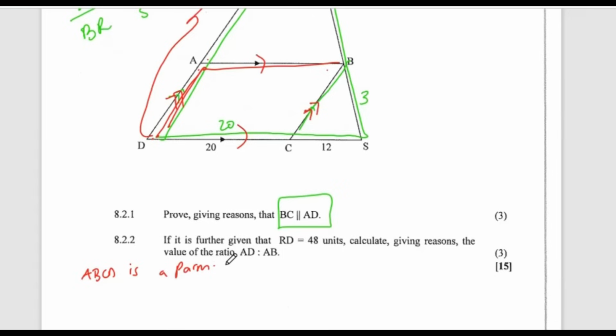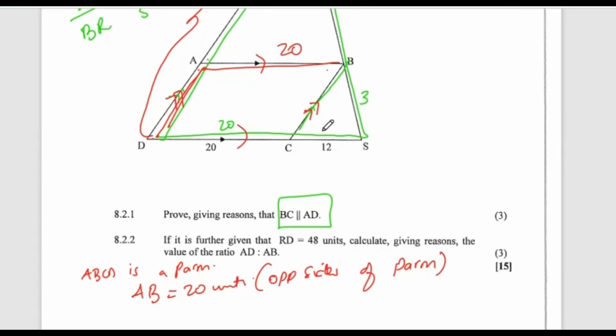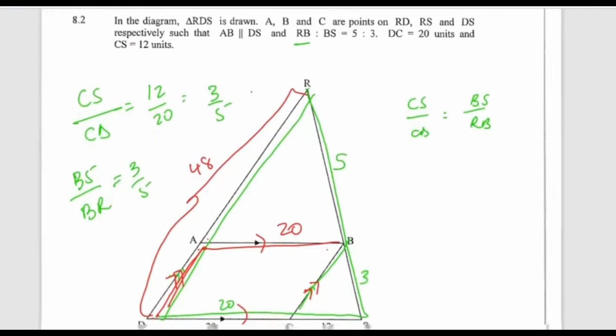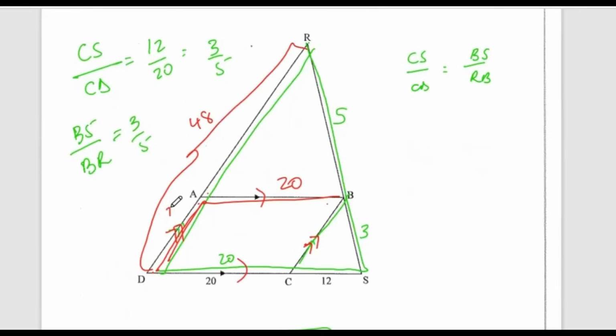So if AB is the opposite side of DC, AB is also going to be 20 units. Reason, opposite sides of a parallelogram. So if that is 20, all I need to find is the size of AD. Then I can go back to my triangle RDS.